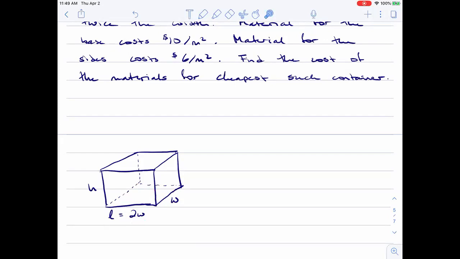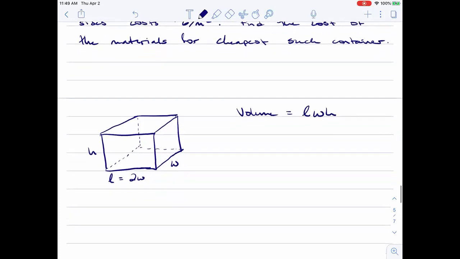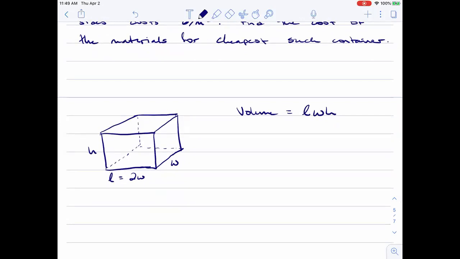We'll incorporate that later. Then each of the sides only costs $6 per square meter, but there's 4 sides, right? And we want to minimize this cost, which is a little bit different from what we've been doing, but not much. We know that the volume of this thing must be the length times the width times the height.